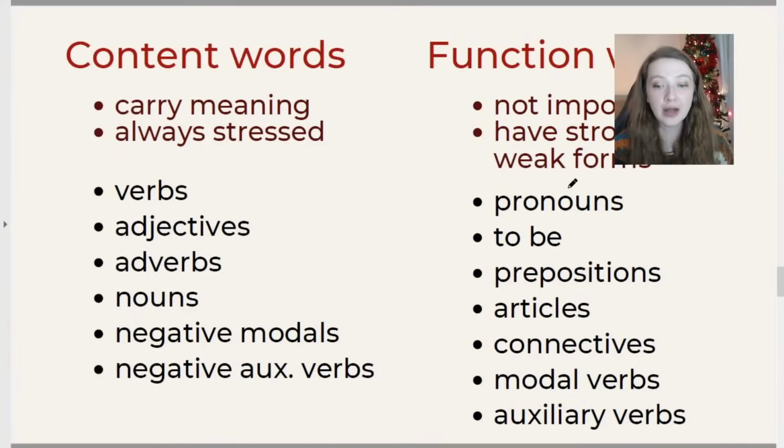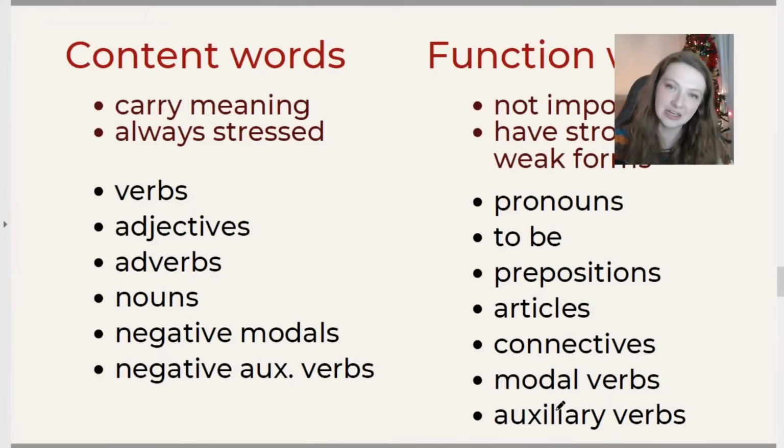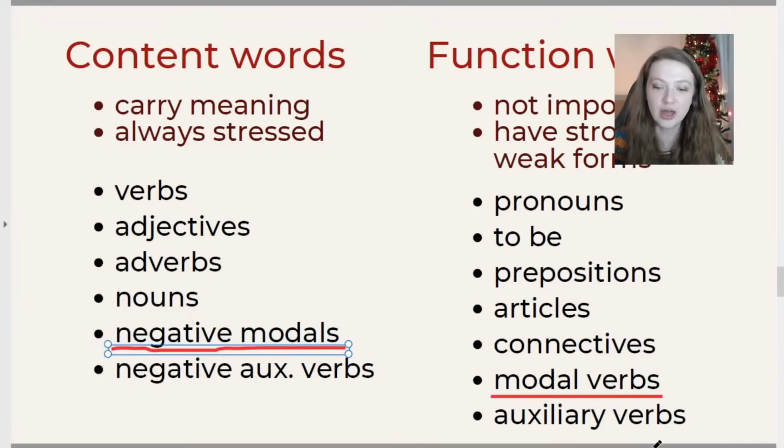These tend to be pronouns, the verb to be. So even if the verb to be is used as a main verb in a sentence, like they are happy, let's say, it would still be weak, like they are, instead of they are happy. They are happy. Prepositions, articles, connectives, modal verbs, and auxiliary verbs. So notice this is super important. You've got negative modal verbs, and then you've got modal verbs here.